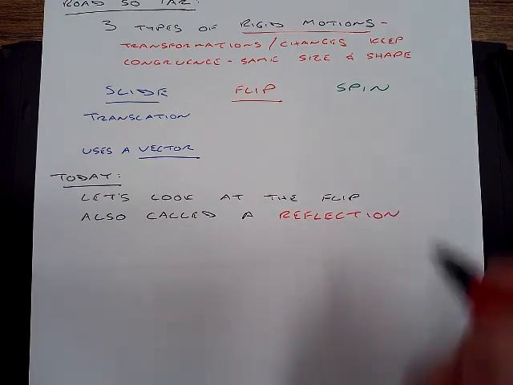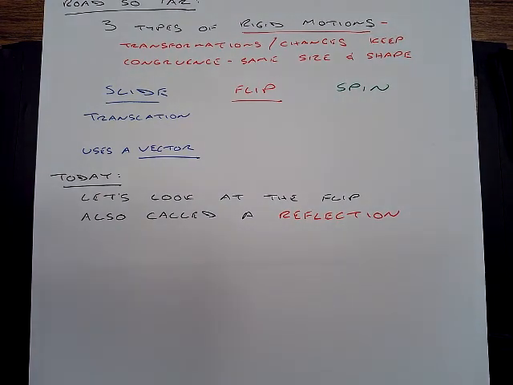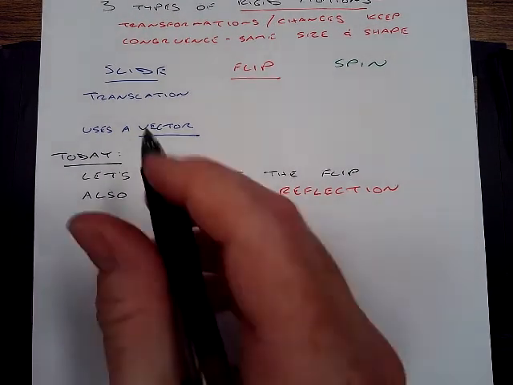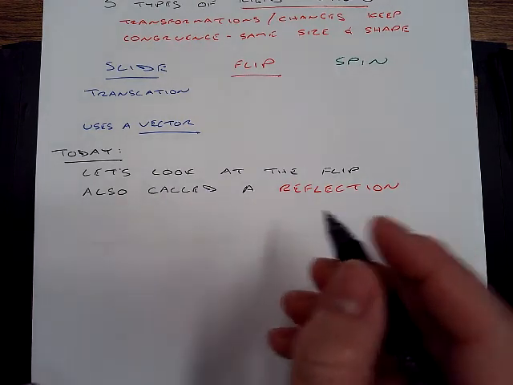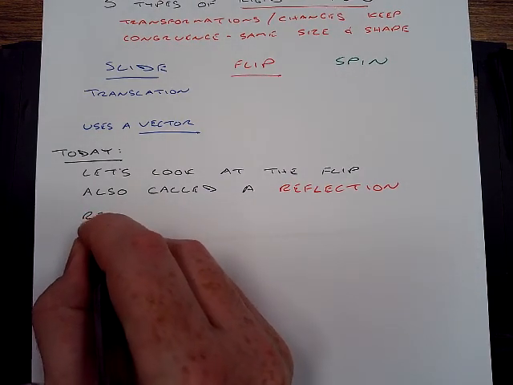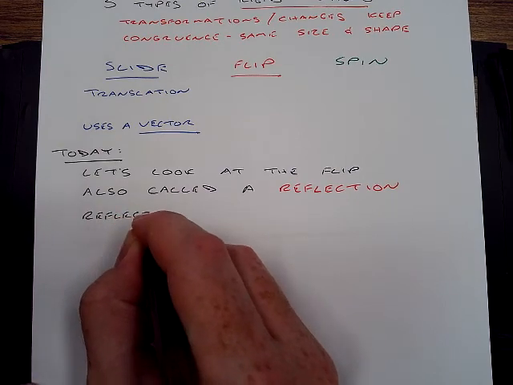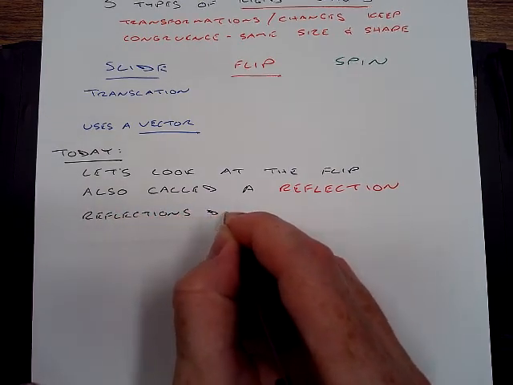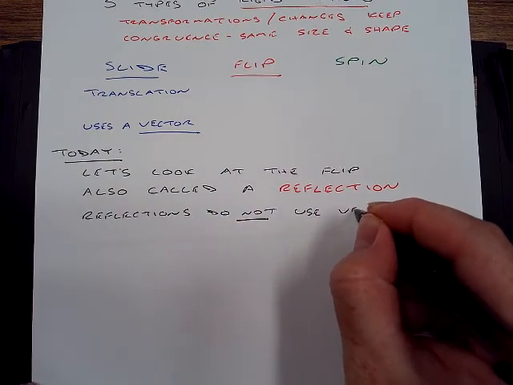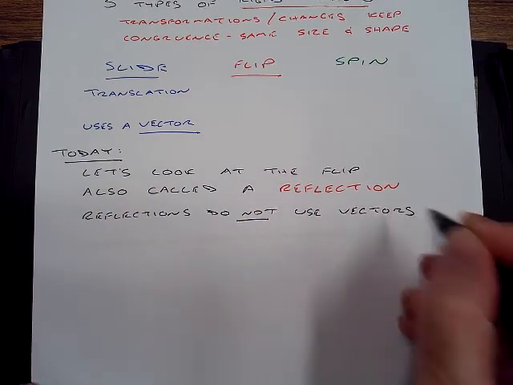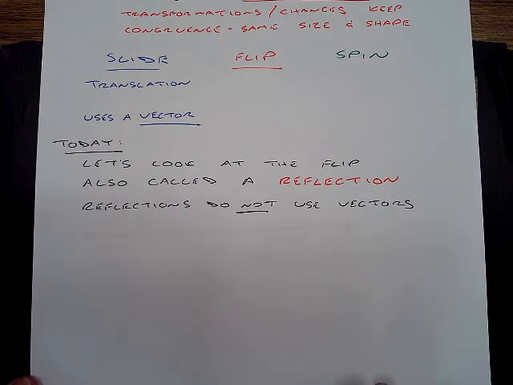Reflection, yes, that's where the name of the lesson comes from. Now, a translation uses a vector, but a reflection does not. Reflections do not use vectors. They use a different rule. Vectors are rules for translations.